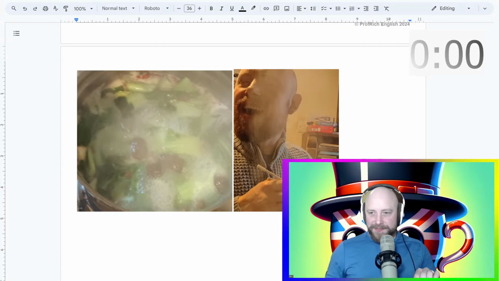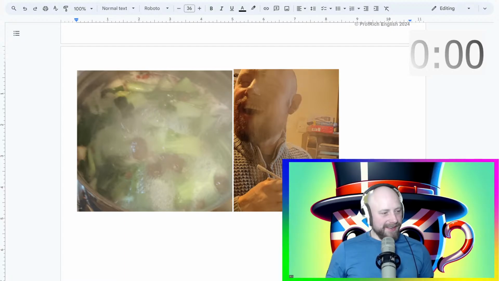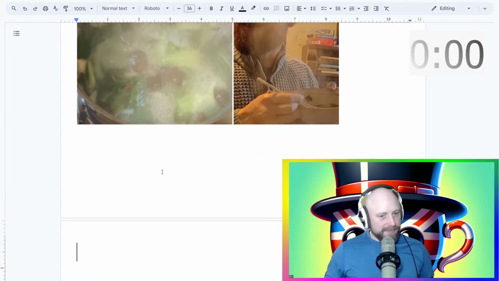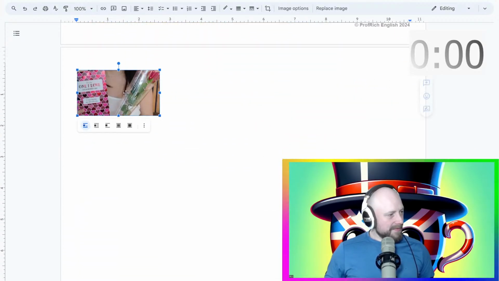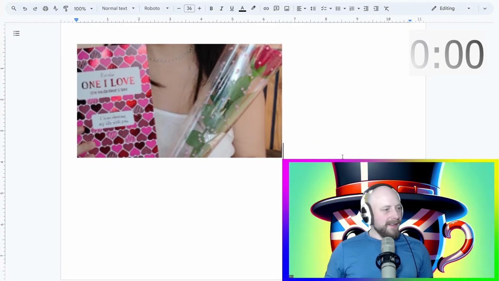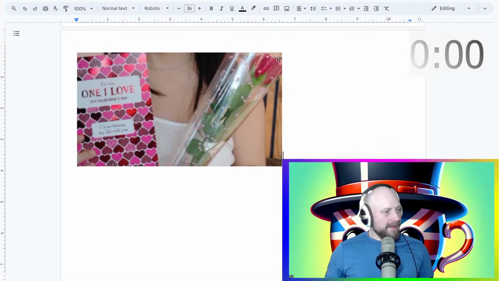All right, so had a lovely time on Valentine's Day. Anyway. And my wife with a rose and the Valentine's Day card that I got her.